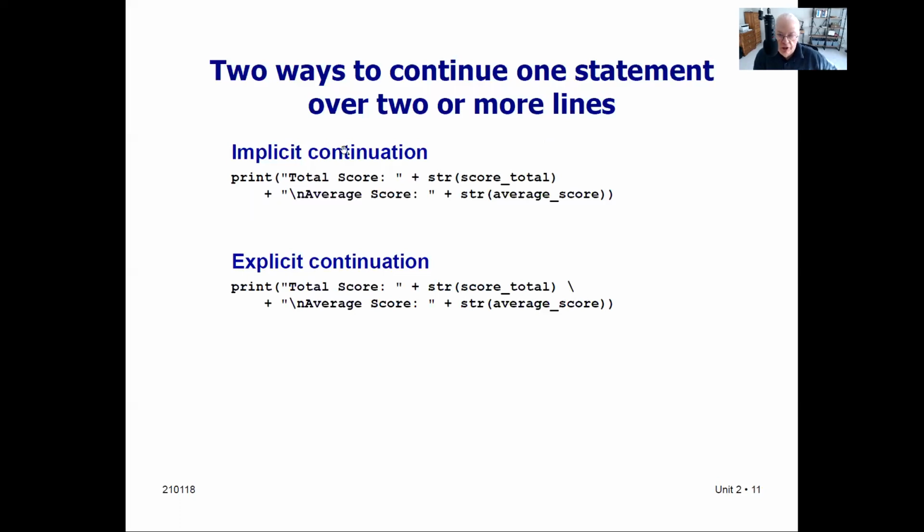So I really should probably move this slide earlier in my stack, but I appreciate you guys sticking with me because now we're back to the implicit and explicit continuation. These two lines, these two print functions, the code is exactly the same except where we broke the line in our code, okay?